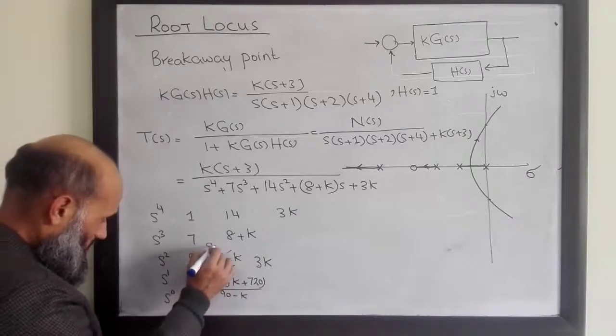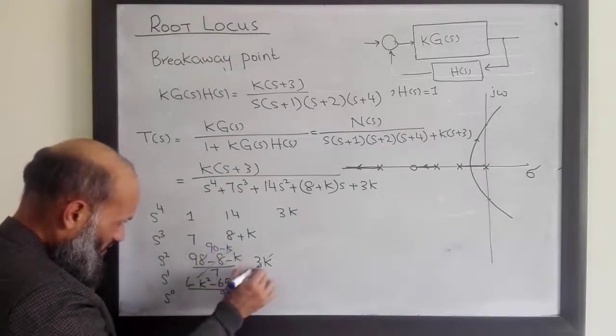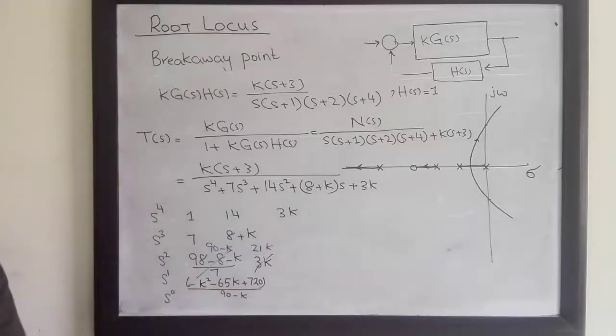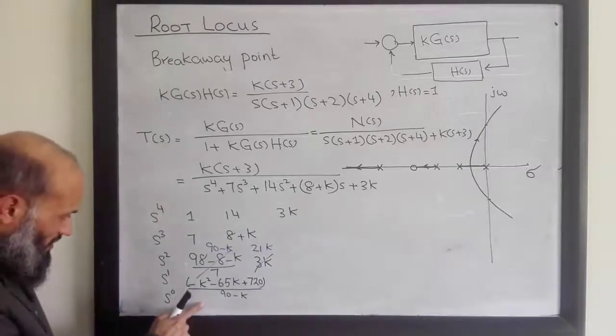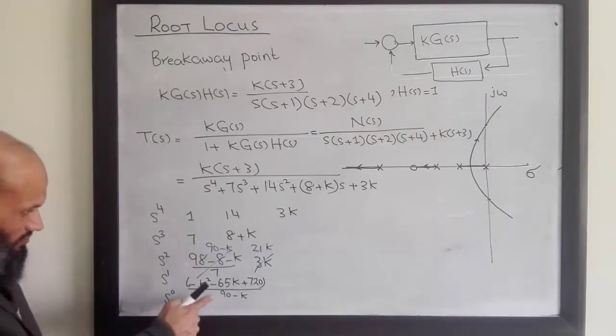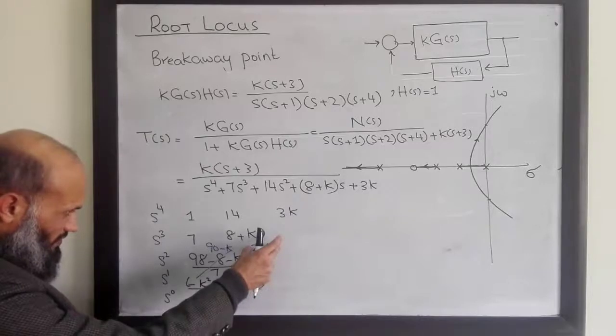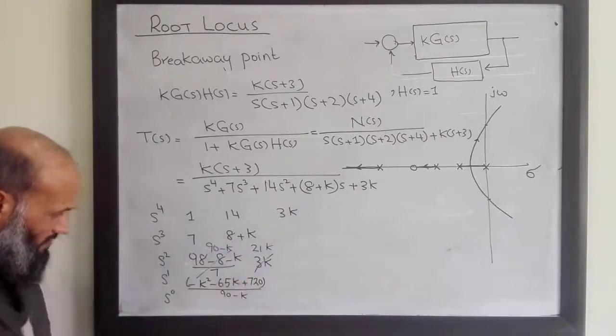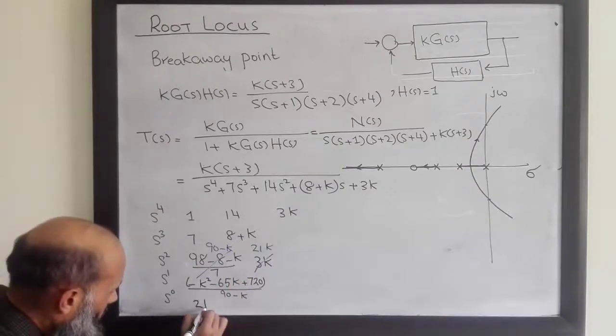So this was 90 minus k and this became 21k, and then we have this thing over here. And then what is the entry in the last row? This thing multiplied by this minus (90 minus k) multiplied by 0, whole divided by this one, that is 21k.